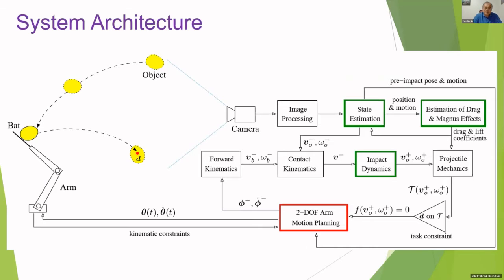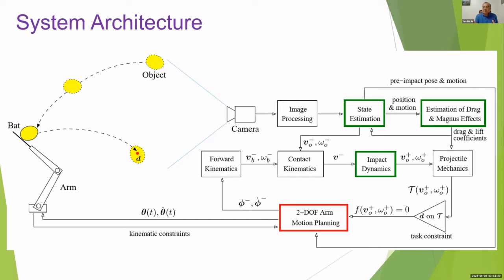So here's the system architecture. As you see, the object on the left of this diagram is flying, and it's captured by a high-speed camera at a frame rate of 150. The frames of images are sent to image processing. Those features are identified and given to a state estimator, to estimate the current velocity, angular velocity, position and orientation of the object.